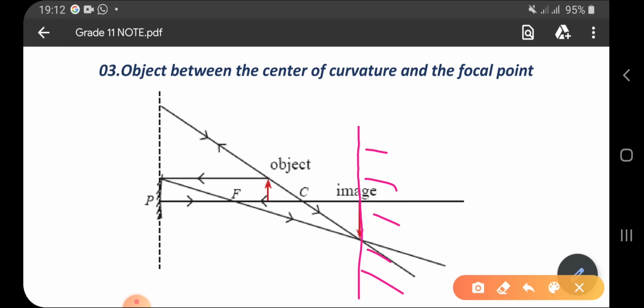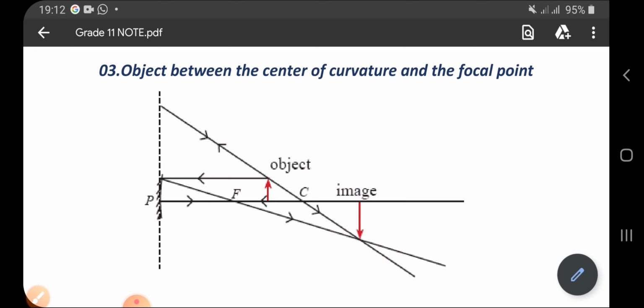If you keep a screen in this place, you will see that the image of the arrow lies on the screen. So this will be a real, inverted, enlarged image. So that was the third one.